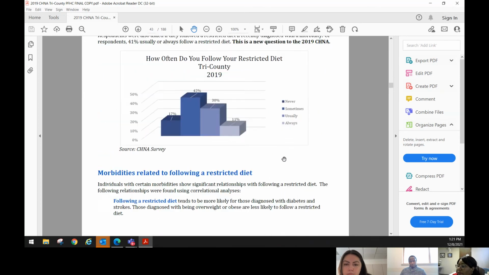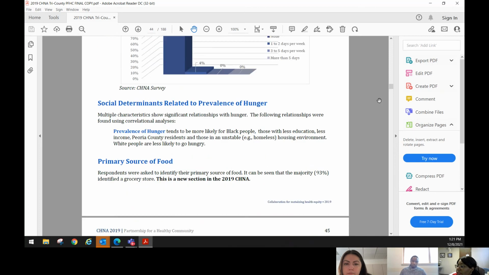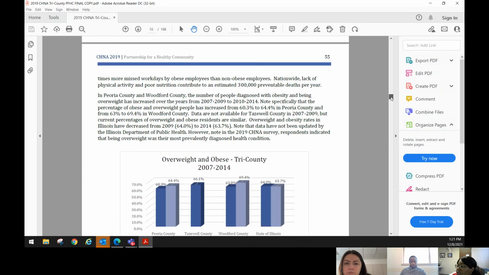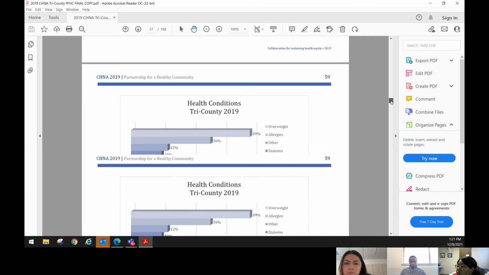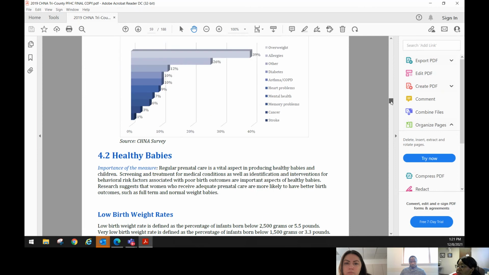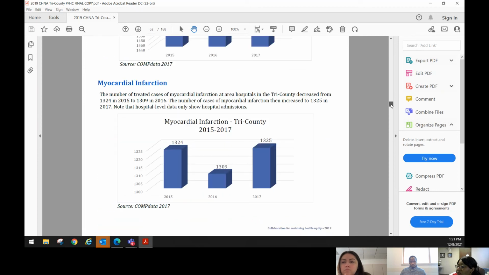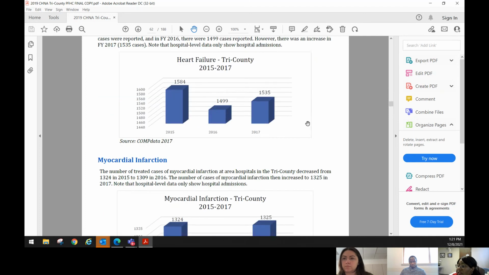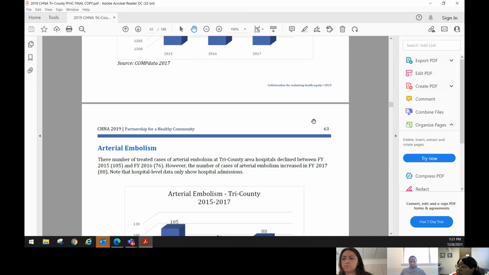Okay. So again, we'll get out of that because it just keeps going on and on. It's really good, rich data. So substance use is part of that too. So those are behaviors. So now we're getting into the chronic disease section, right?